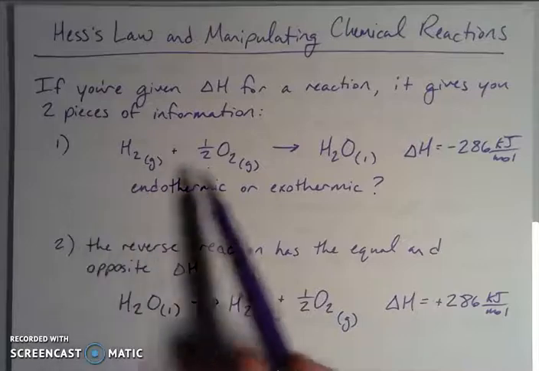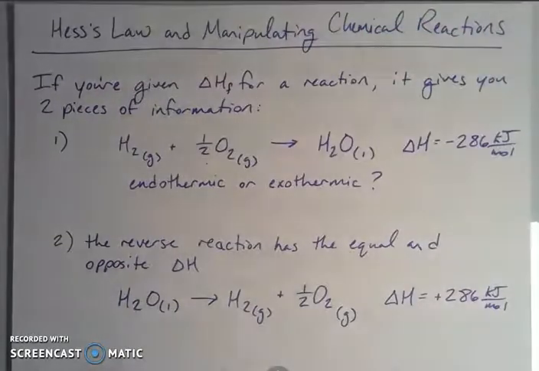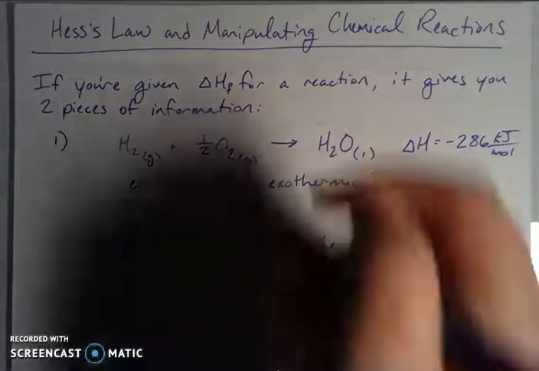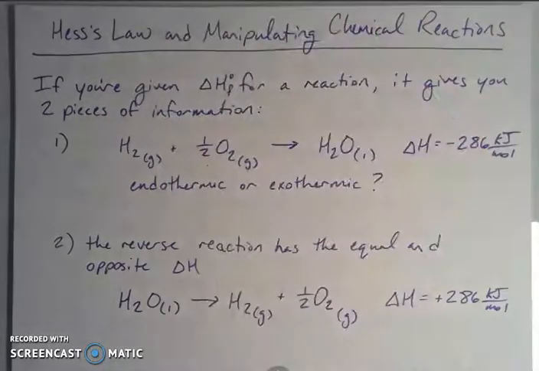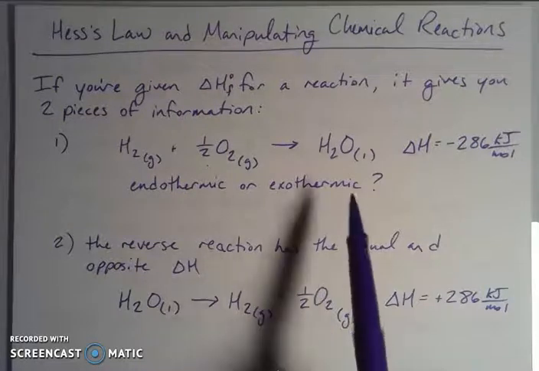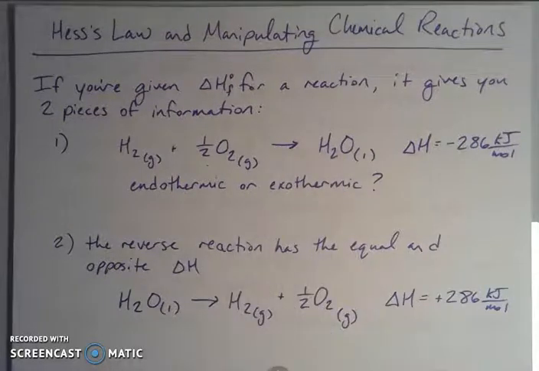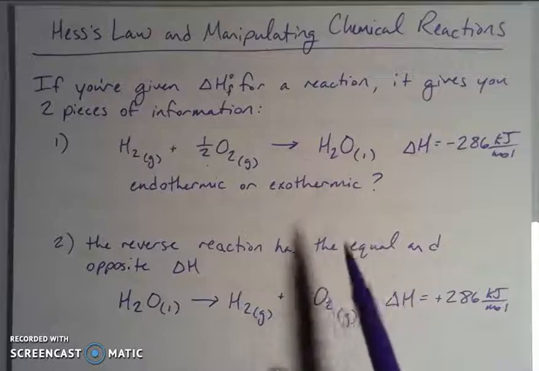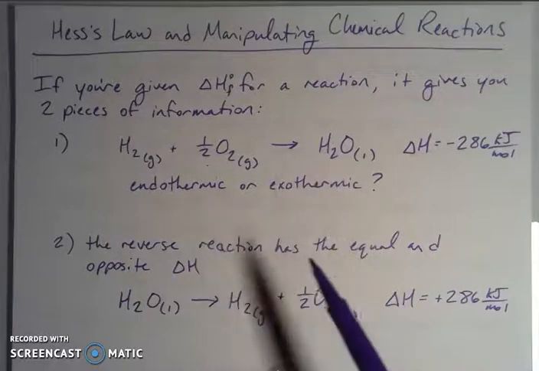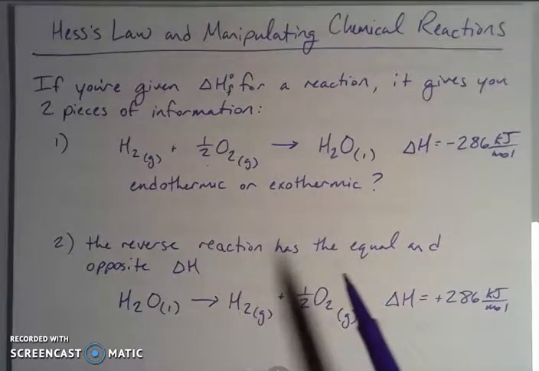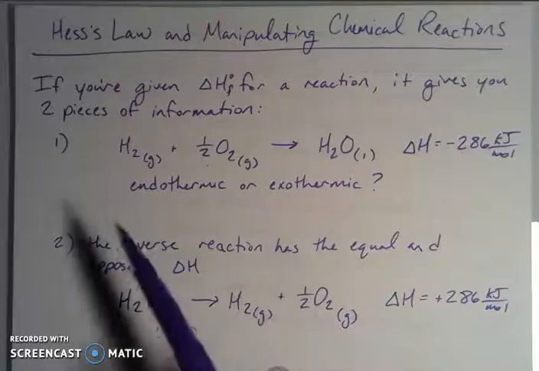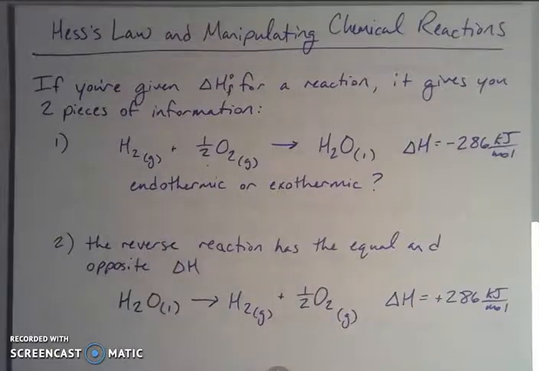But when I'm doing a heat of formation, which we would recognize as a sub F there, and probably under standard conditions, so we would have our degree symbol there that indicates that it's at 25 degrees Celsius and 1 atmosphere of pressure, it's really the formation of 1 mole of that particular compound, or 1 mole of that substance. So it's whatever fractions of things or whole number things that it takes to get to 1 mole.